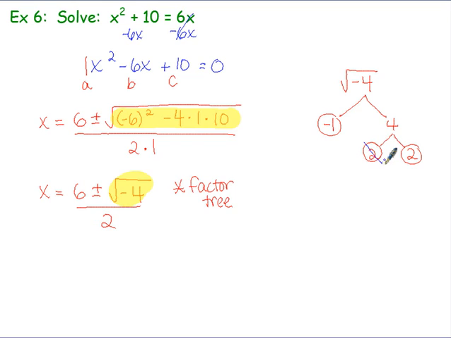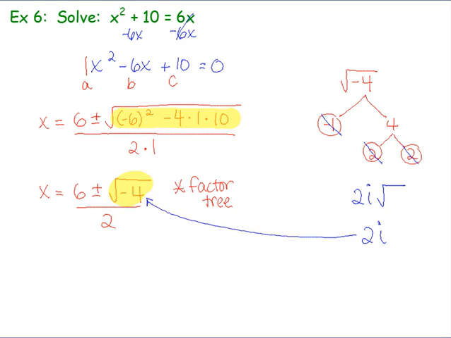Pair of 2's, cross those off. Outside the radical is a 2. No more regular numbers. Negative 1 crosses off and becomes an I. So there's no square root left. It's just 2I. And that replaces that guy.